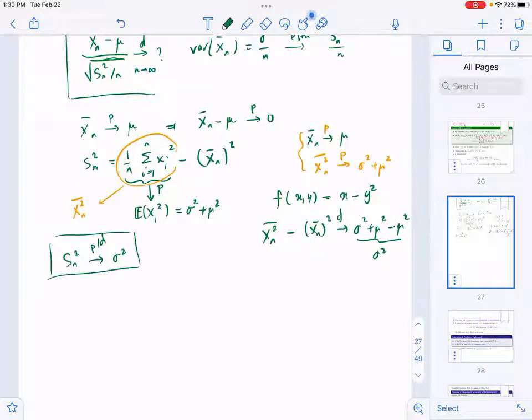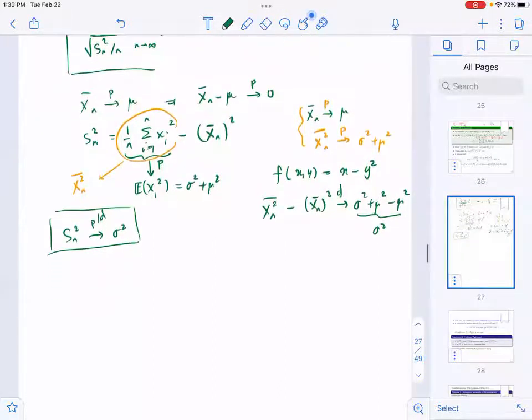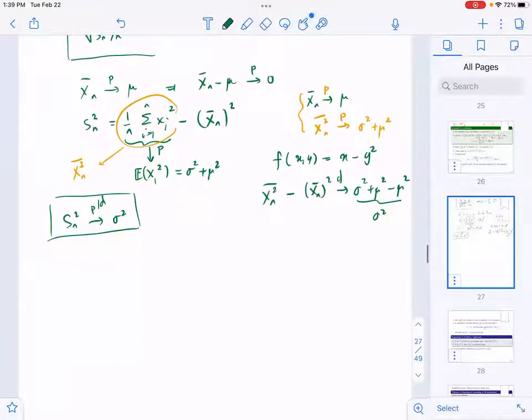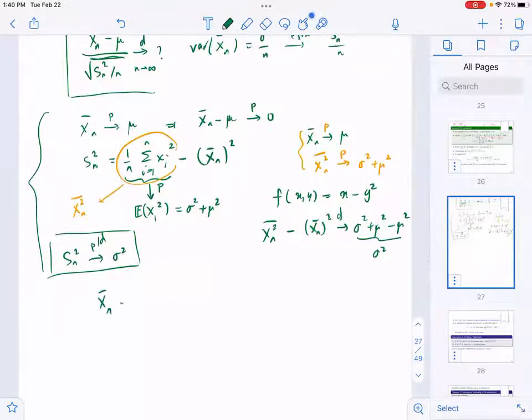Then, so these are some basic things. Also, I can do the ideal version. So x bar n minus mu divided by root sigma squared over n, right?